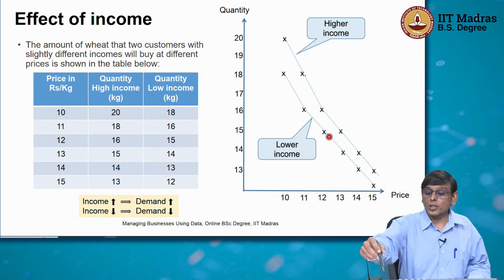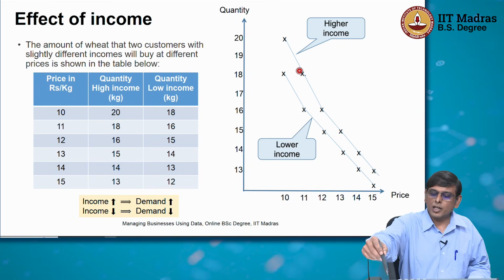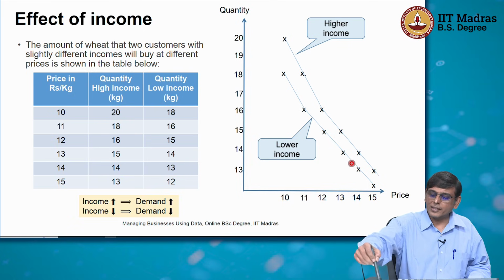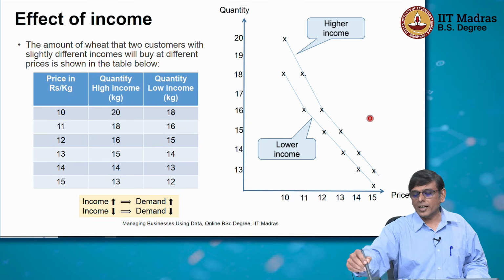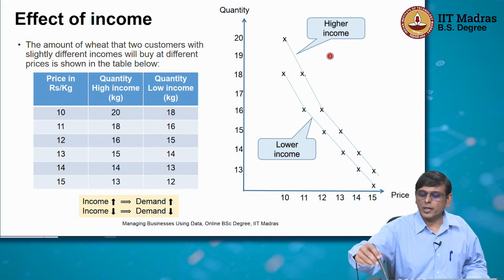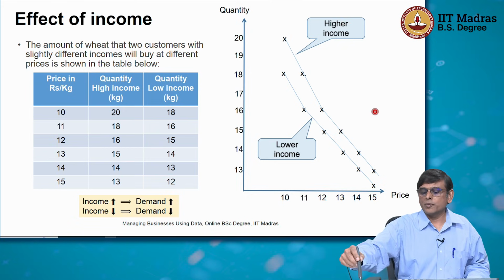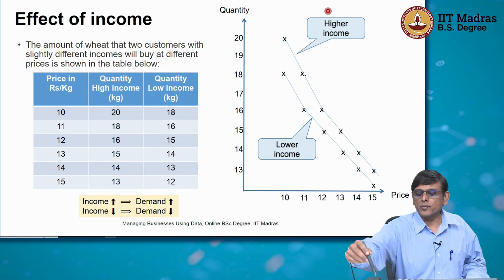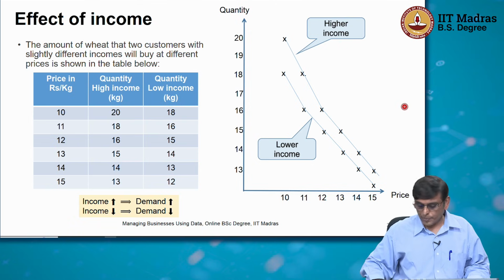Typically, the demand curve for a higher income person will be higher than the demand curve for the lower income person. So the general tendency is that increasing income pushes this curve outward. With more and more income, people's demand curve will keep going out like this. That's what will happen, all right?